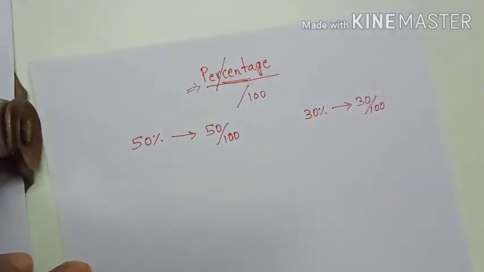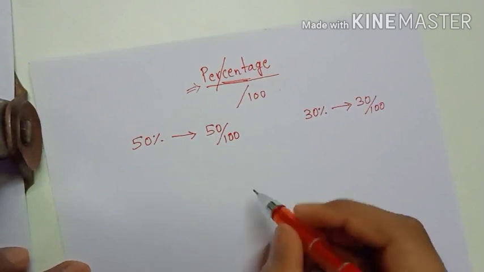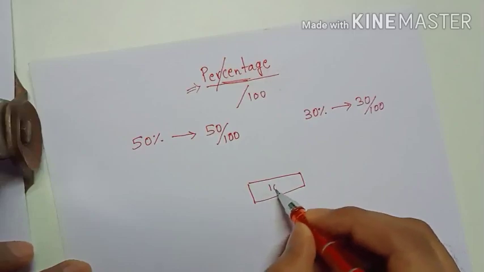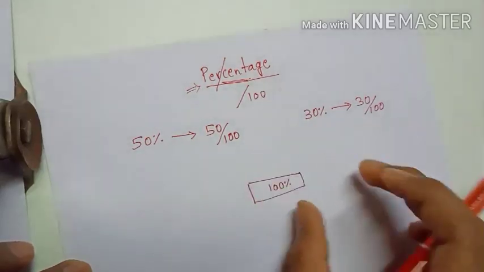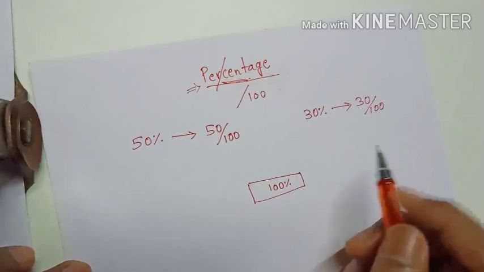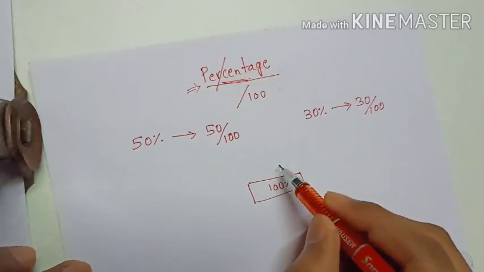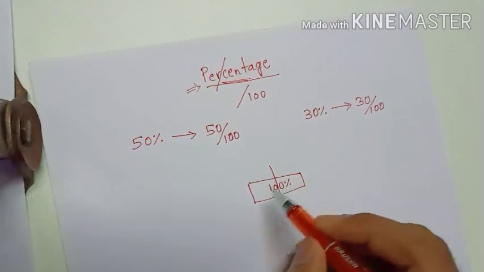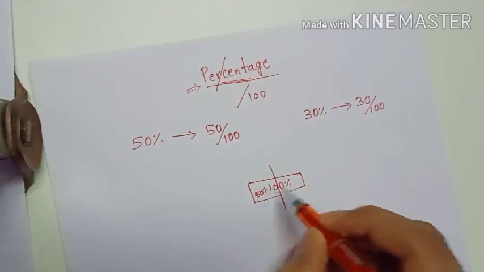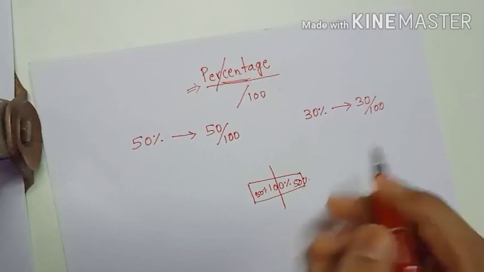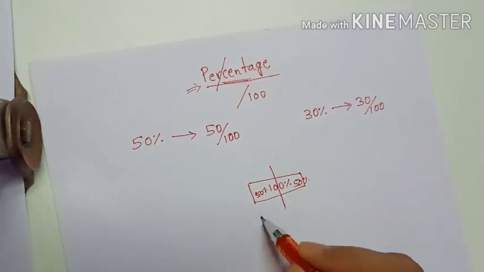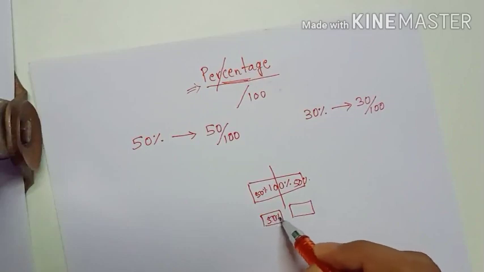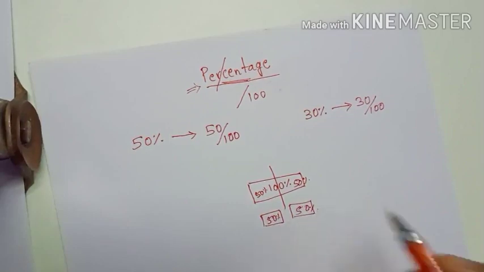Got it? Suppose now I'm going to draw a box, right? This box is total 100%. This is the quantity. Now if I cut the box into exact two halves, one will be 50% and the other will be 50%. Yes or no? So one half will be 50%, the other one will be 50%, right?